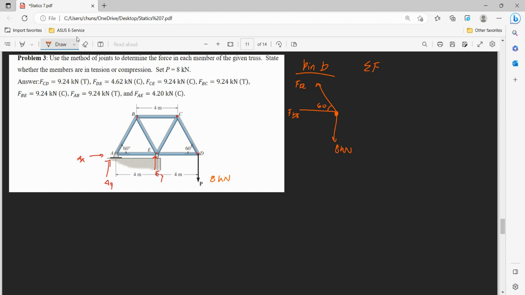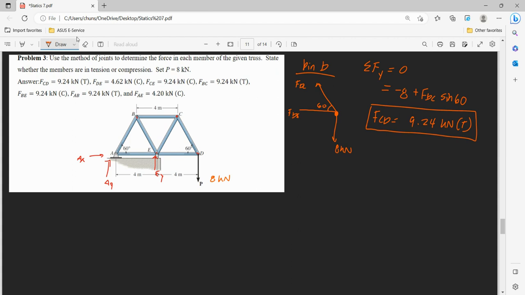So let's find Fy. So we have negative 8 pointing downwards, and then we have the y component of FDC pointing upwards, and this is sine 60. So FCD is equal to 8 divided by sine 60, which is positive 9.24 kilonewtons, and it's positive, so it is in tension.